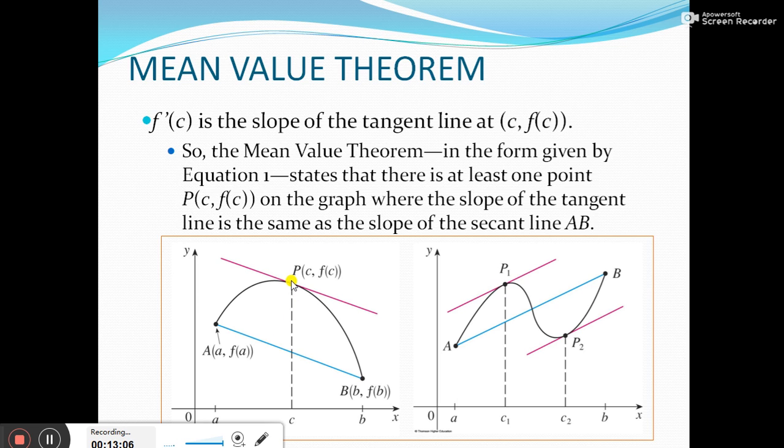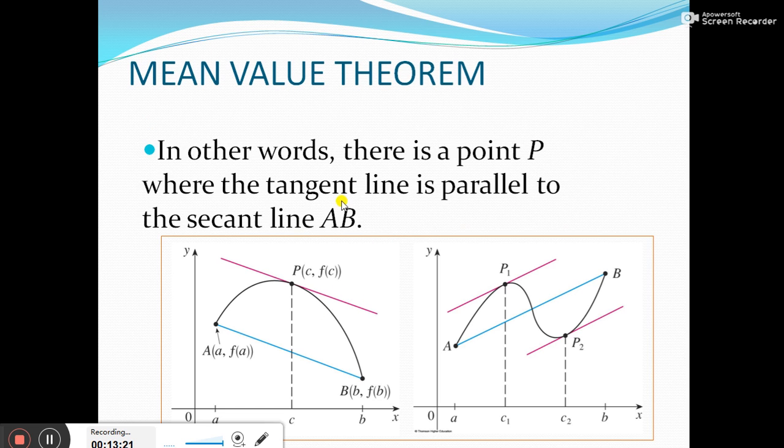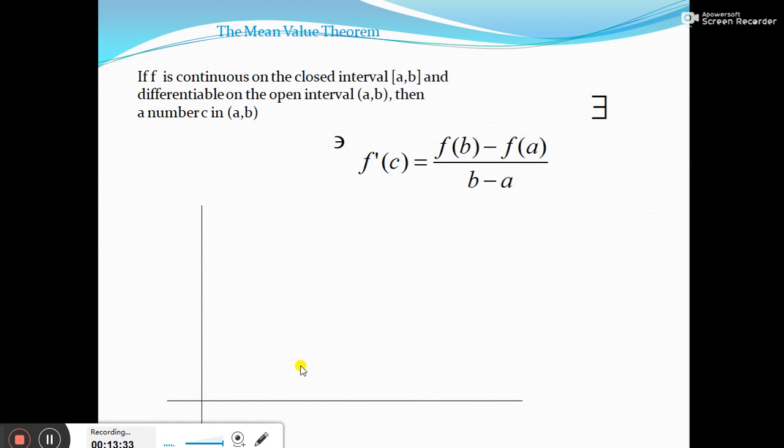That means this tangent is parallel to this secant line, because when the slopes of two lines are equal, then you say that the lines are parallel. That means you can say that there is a point P where the tangent line is parallel to the secant line AB. I hope you understand this.